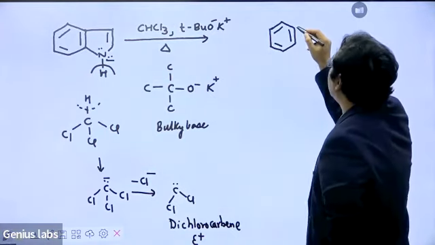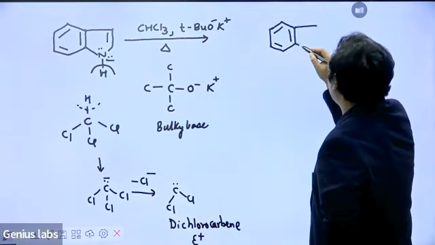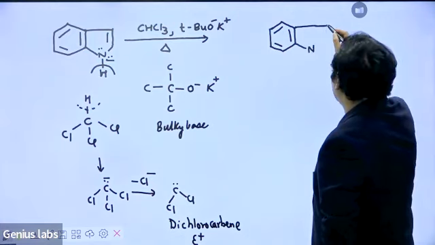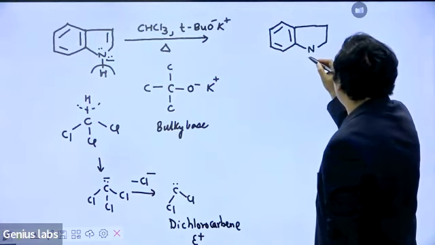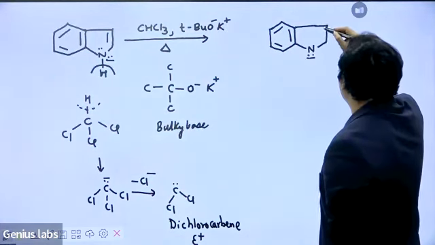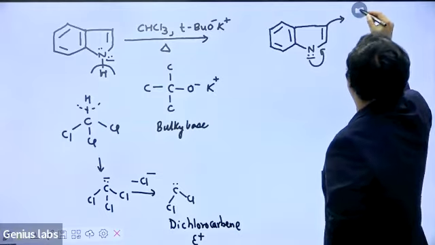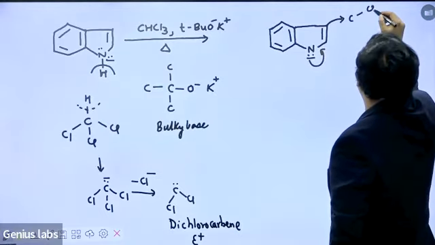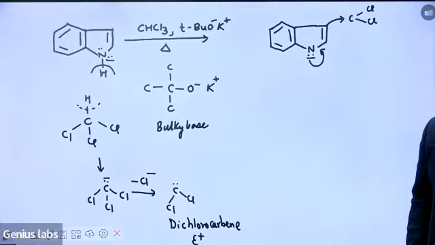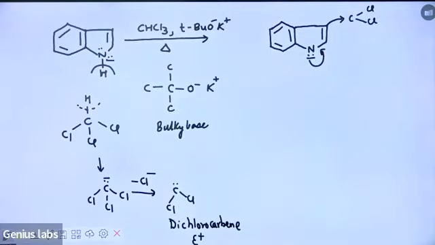So what are the options? You have to have options like, okay, if this pushes, this position is free to attack where? CCl2. Think about it. Can we do it? So what will happen?